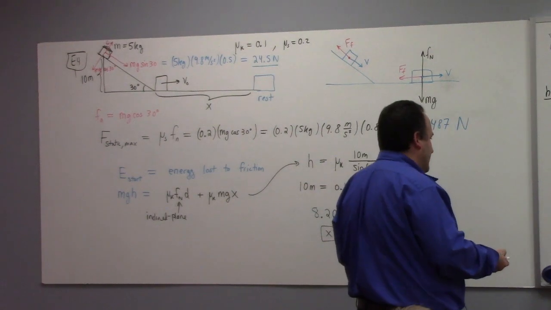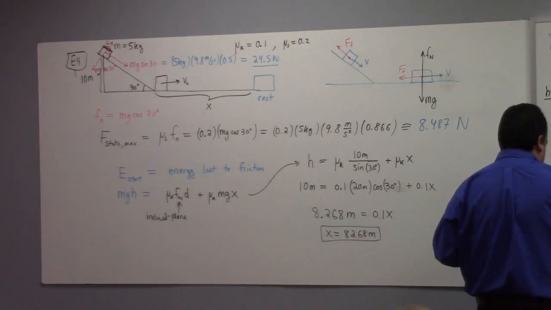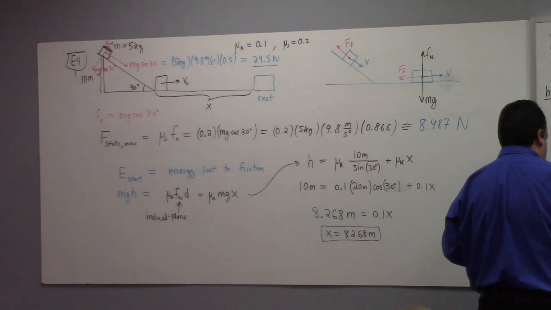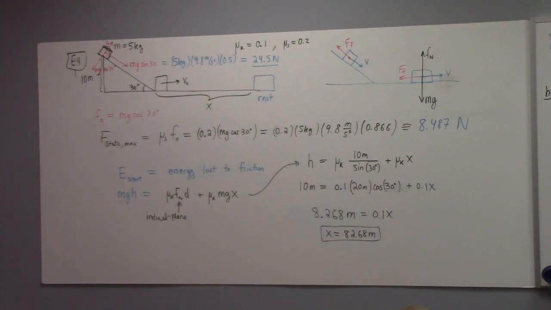Although the masses cancel now, which is nice. And we get that v naught is equal to the square root of twice 82.68 meters times 0.1 times 9.8 meters per second squared. What's that give us?